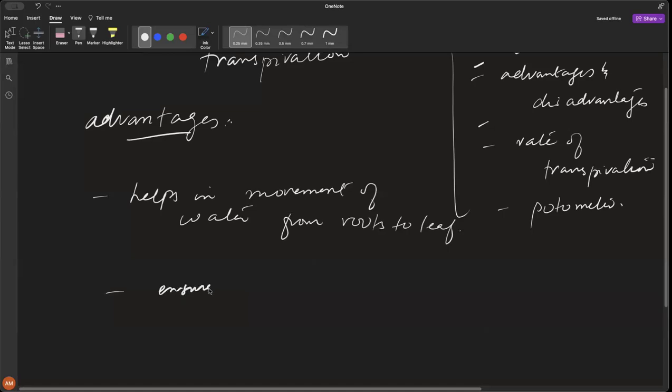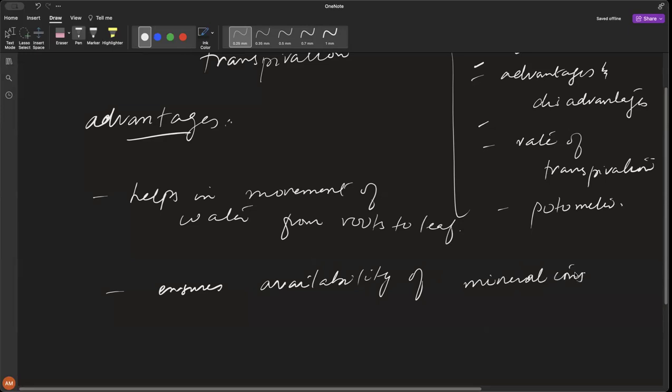It ensures availability of mineral ions.